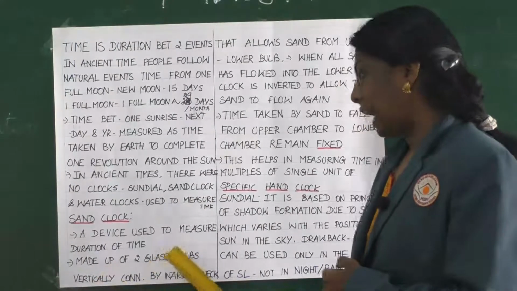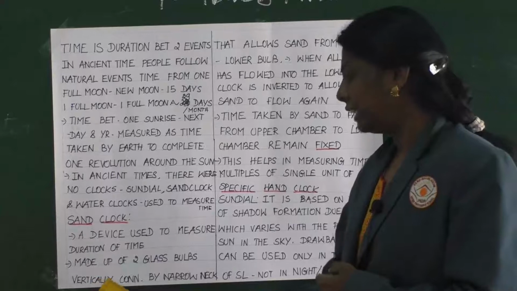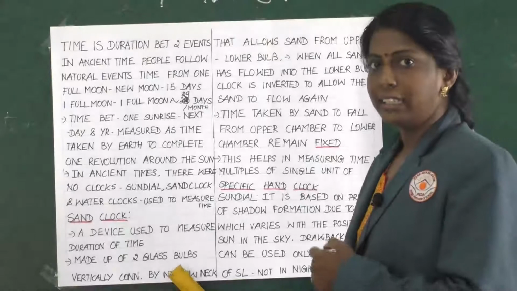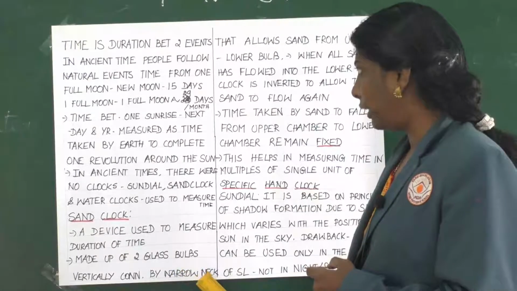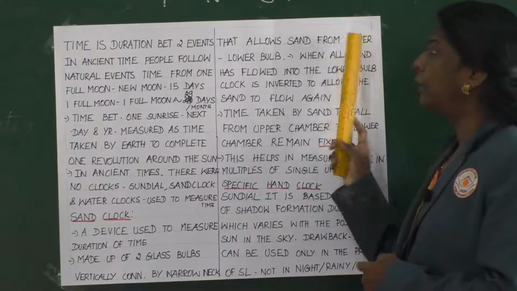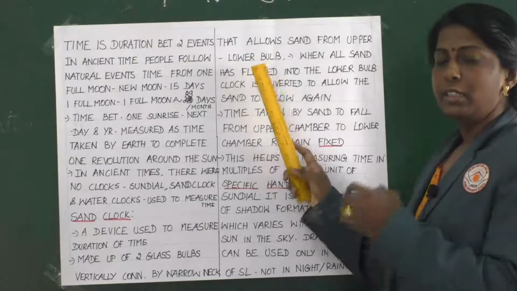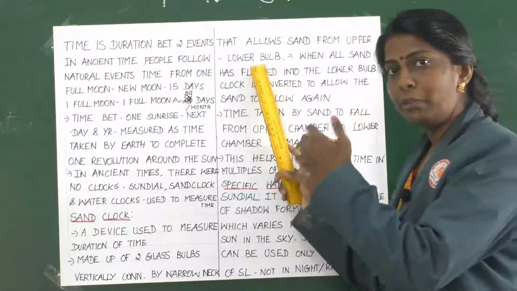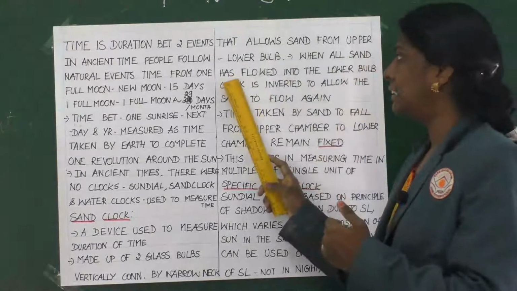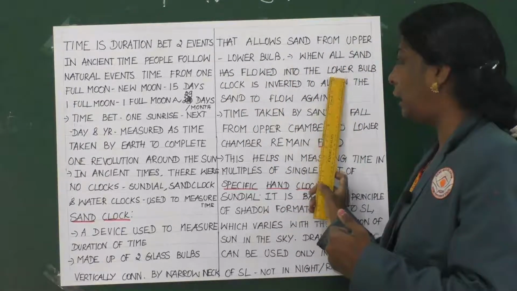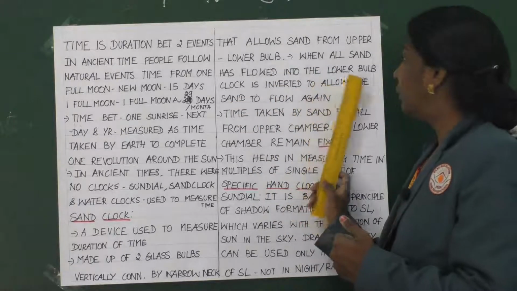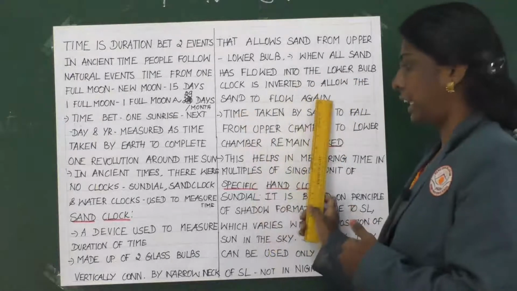So these two glass bulbs are vertically connected by a narrow neck. They are connected by a narrow neck that allows sand to flow from upper to lower. So sand will flow from the upper bulb to the lower bulb. When all the sand has flowed into the lower bulb, the clock is inverted to allow the sand to flow again.